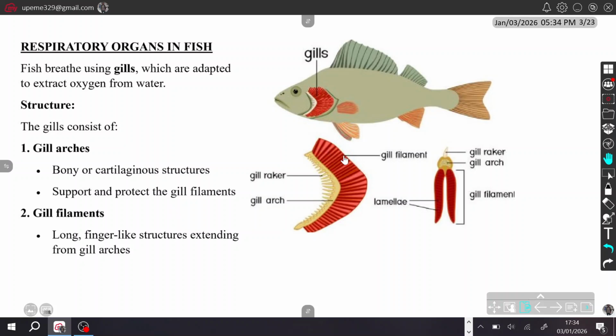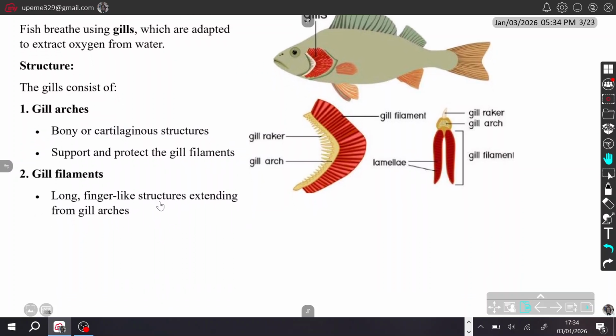The gill filaments are these ones here. It supports them because they are fixed into it, and makes sure they are protected from damage. So we have the gill arc, a bony or cartilaginous structure that supports and protects the gill filaments. Then we have the gill filaments themselves as part of the gills.